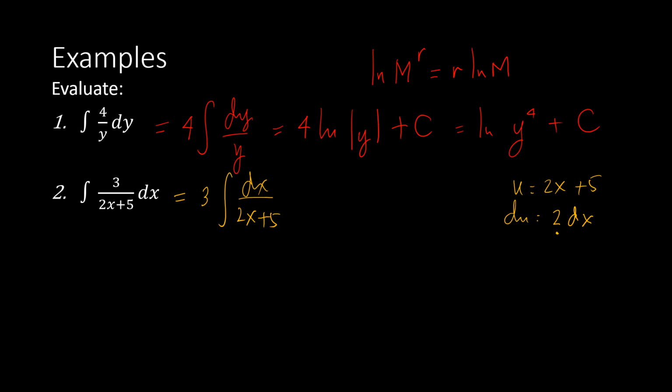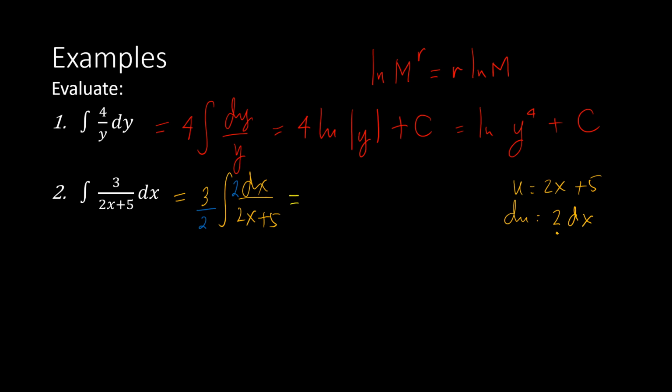So we need 2 as coefficient of dx in order to complete our du. So we shall introduce 2 inside the integral and multiply it by 1/2 so that it becomes 1. No? 2 over 2 after all is 1, and we are doing this in order to complete our du.